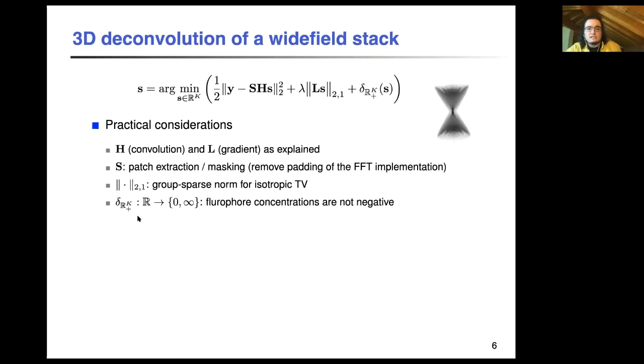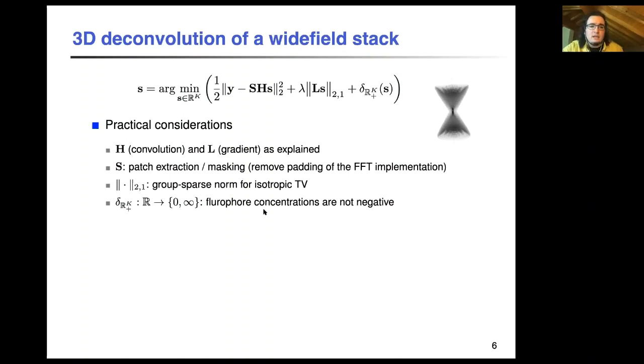And then there's the other thing, which is what we're recovering are fluorophore concentrations for each channel. So an important thing to say right now is that this problem is going to be run 3 times, one for every color channel. So another practical consideration is we want to recover non-negative fluorophore concentration.